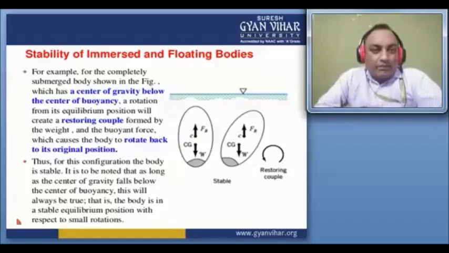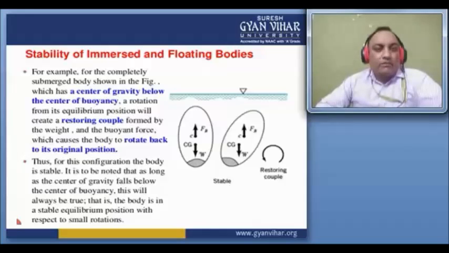For the stability of immersed and floating bodies, this is a good example to solve this type of problem. Here are the two centers: one is the center of buoyancy and another is the center of gravity.